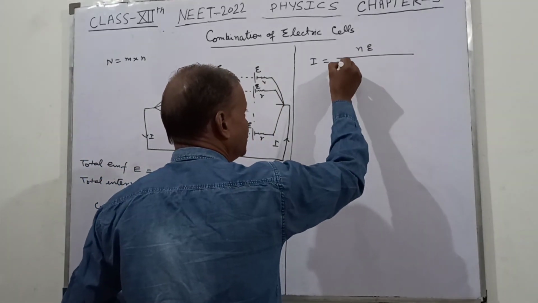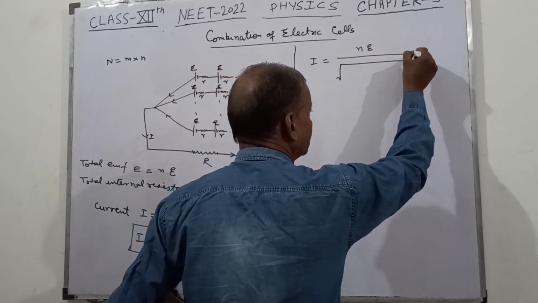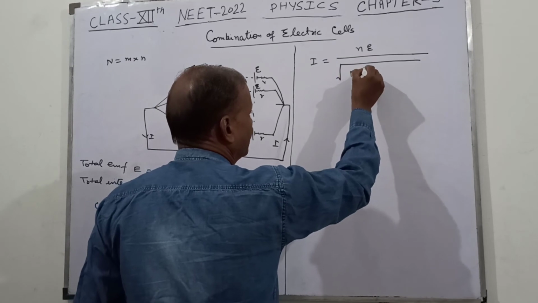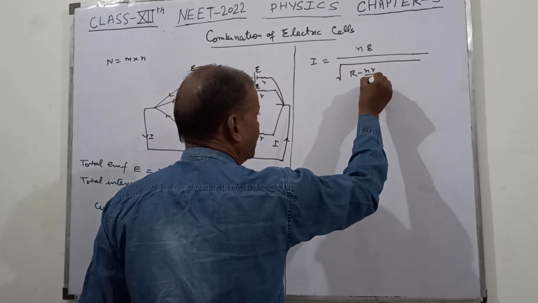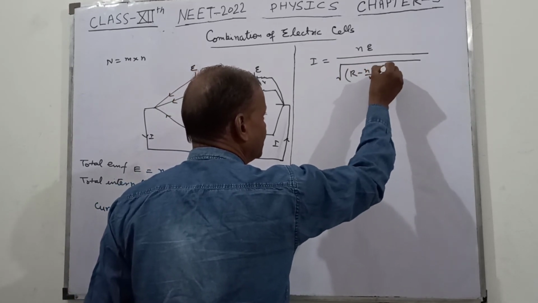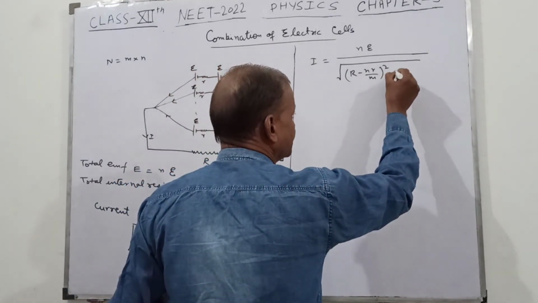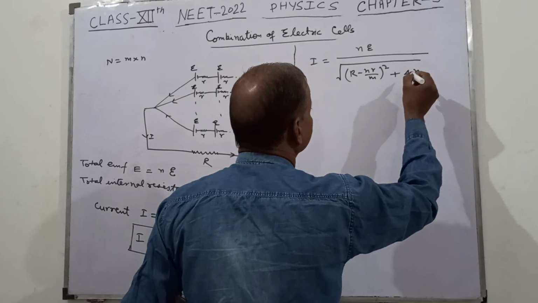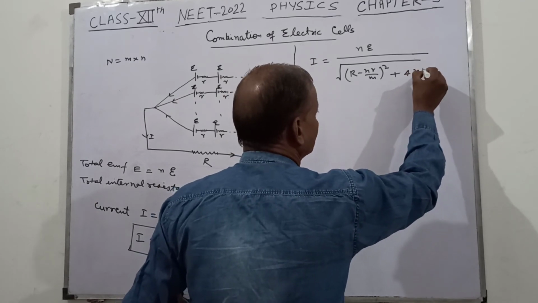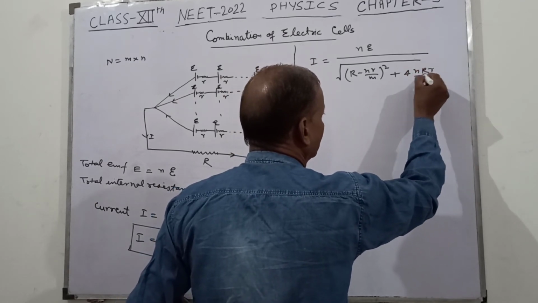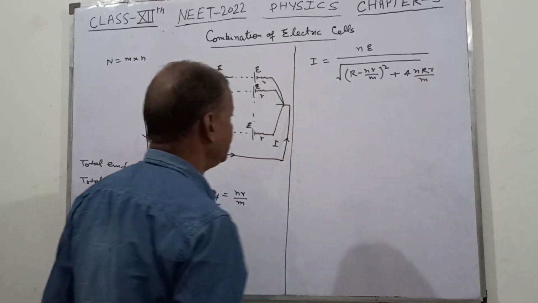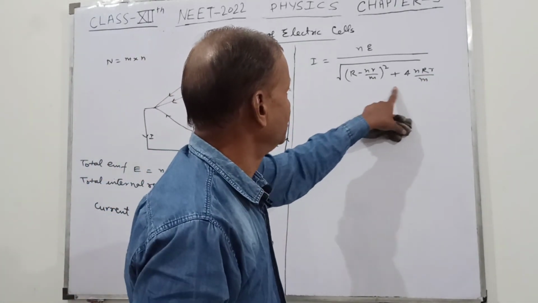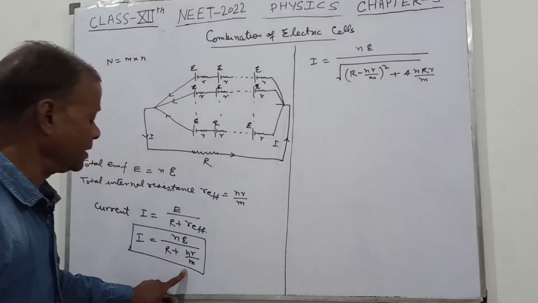This is now square root of (R minus nr upon m) whole square plus 4 n R into r upon m. We can write this one in this way. If you simplify this one, then this term will come out here.